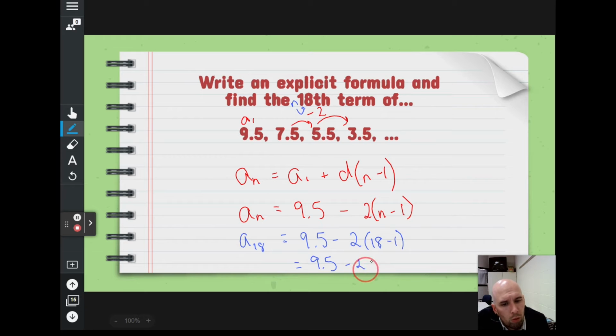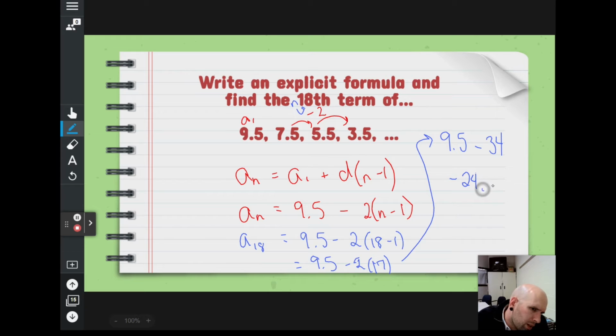So minus 2 times 17. That's a 2. It's an ugly 2, but that's a 2. PEMDAS says I do multiplication before I add, so 9.5 minus 34. And that's going to end up being negative 24.5, I think. I'm sticking with it, not changing a thing.